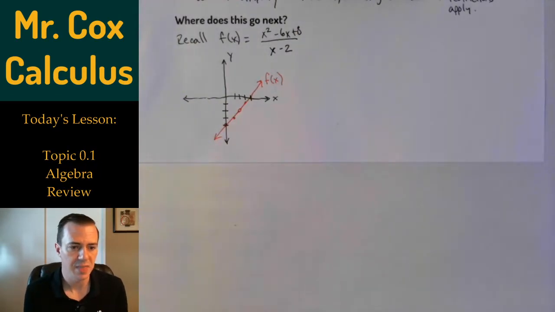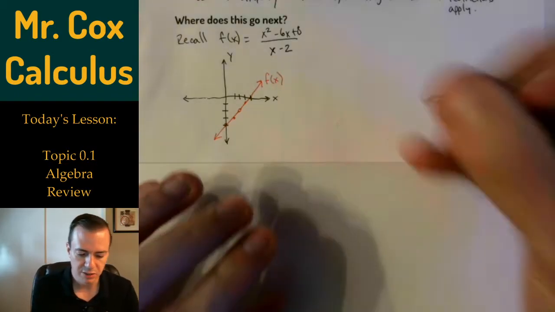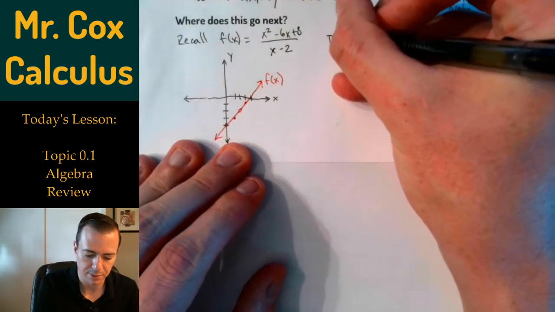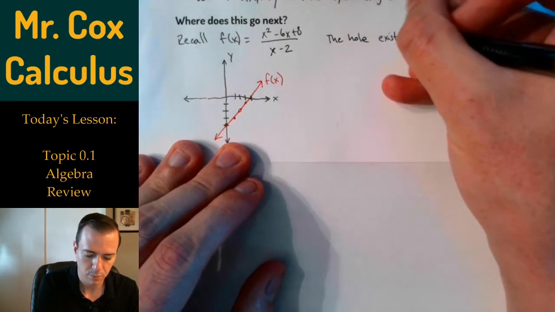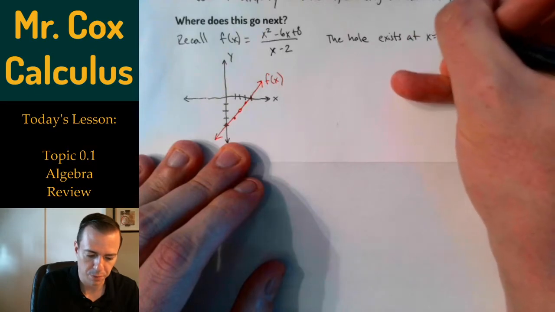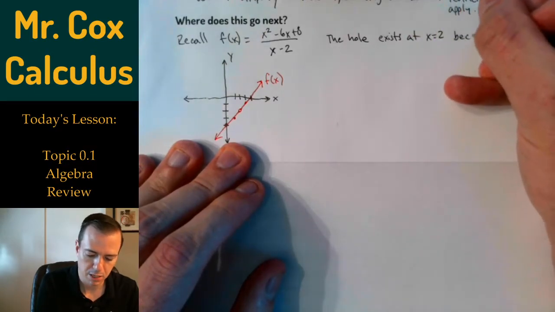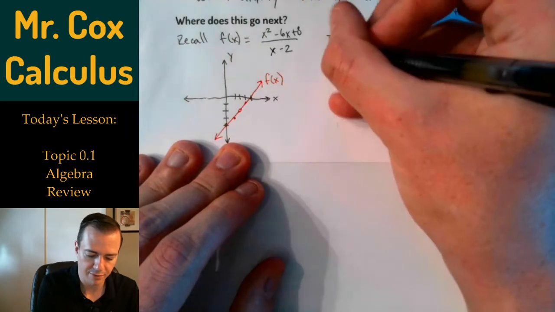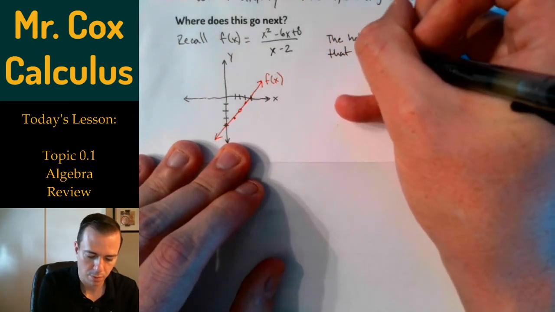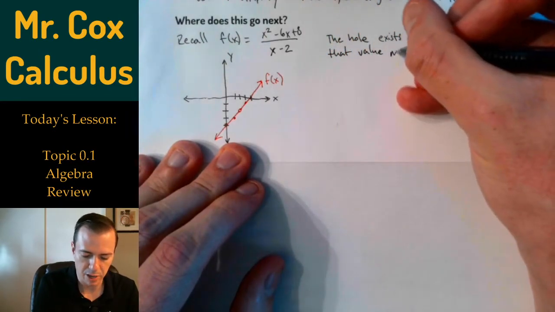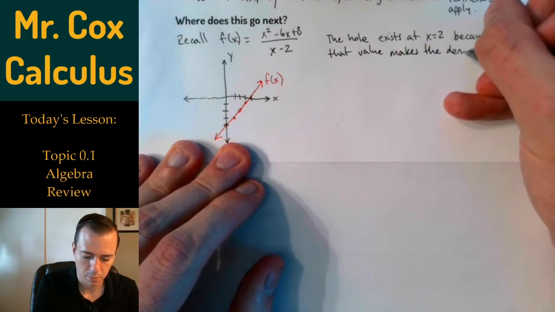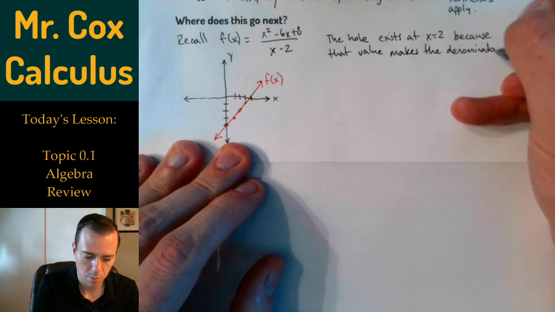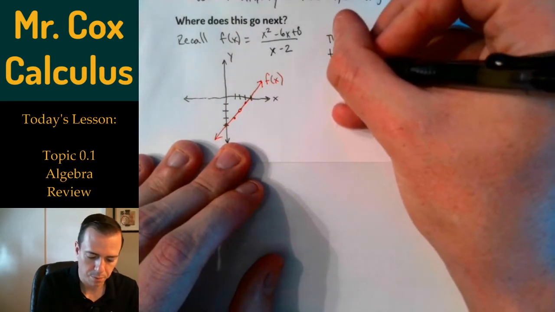And I said earlier in that video, that's going to be the part that we really want to focus on in calculus. So let's talk about why that hole exists. The hole exists at x equals 2 because that value makes the denominator equal 0.